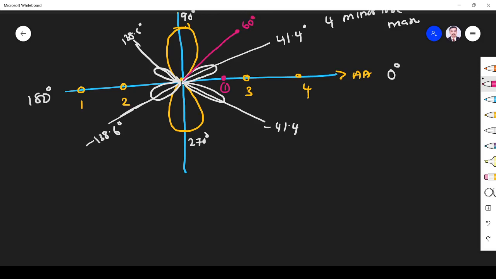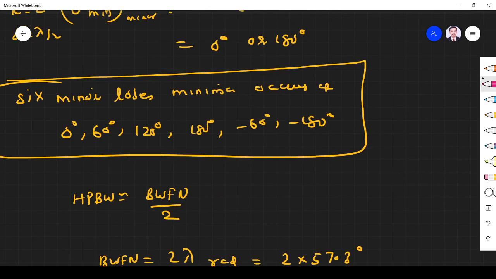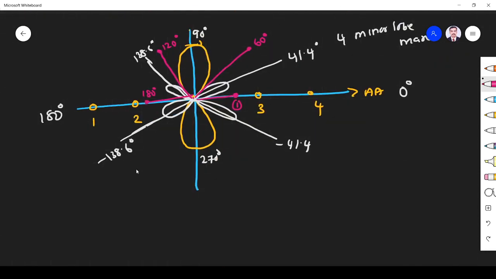This is 90 means the 120 will be here. Right? That is third, 120 degree. Next one 180 degree. This is 0 degree. 4. Then what is the remaining 2? Minus 60, minus 180. This is plus 60. So minus 60 will be somewhere here. Right? So this is minus 60.